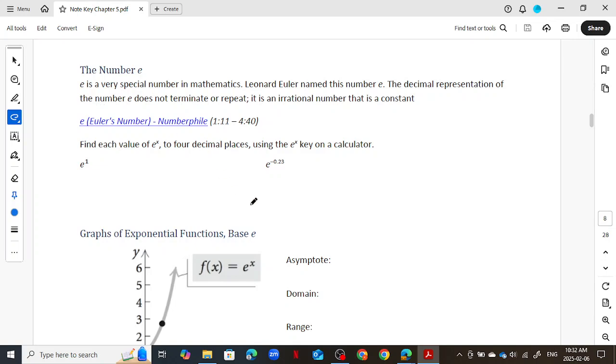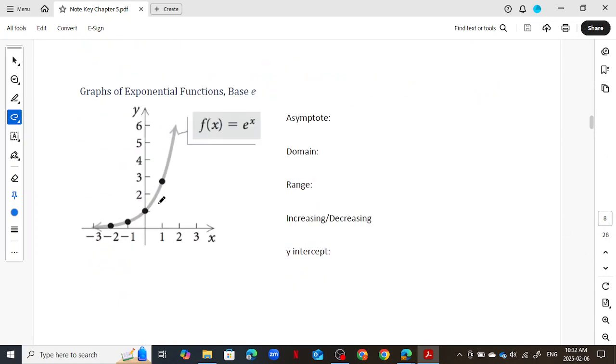growth. So we can look at graphs with a base e and notice that it is the exact same graph as y equals 2 to the x, except that when you get to x equals 1, you would have y equals 2.71 blah, blah, blah. When x is equal to 2, it would be y equals 2.71 blah, blah, blah squared.